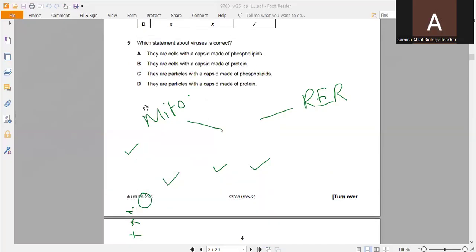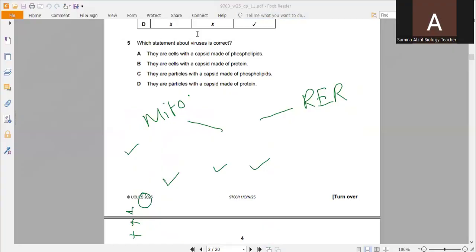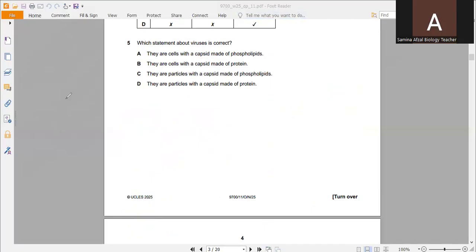Now, question number 5 is there. Which statement about viruses is correct? They are cells with their capsid made of phospholipids.